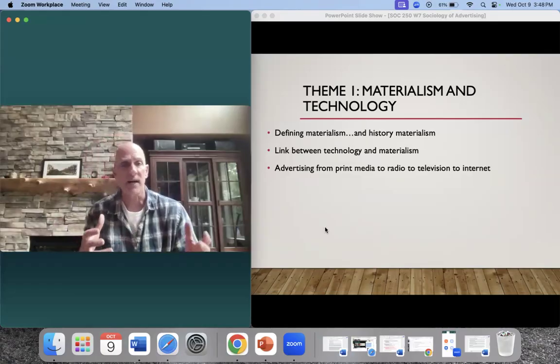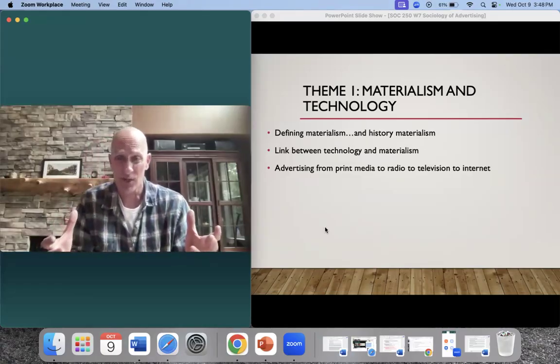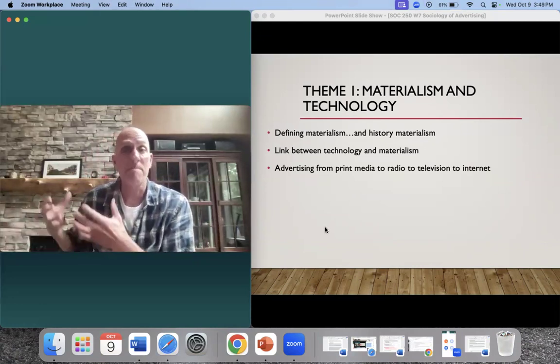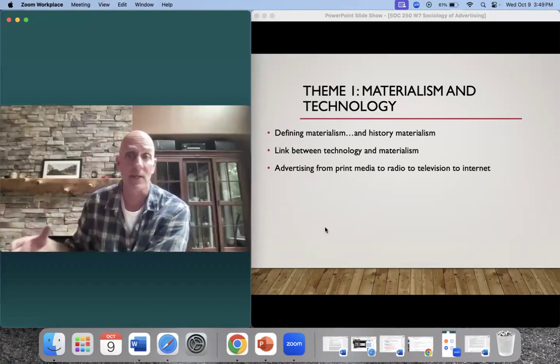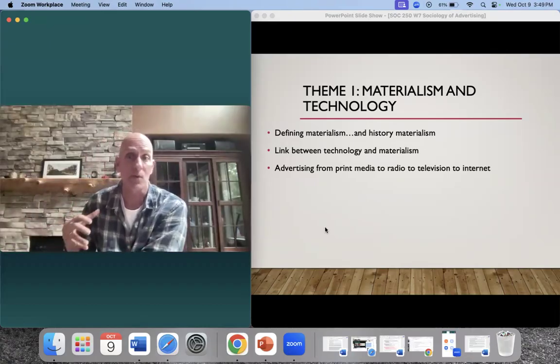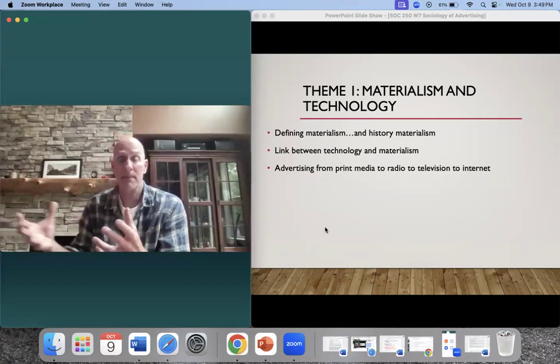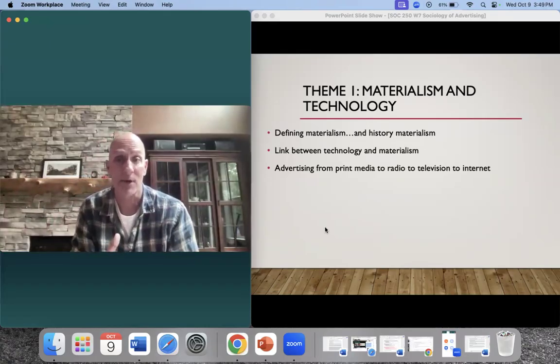So let's start off and define this idea of materialism. Materialism is economic structure. So before we got to capitalism, let's imagine colonial America or an indigenous community or agrarian society. This is pre-capital, right? So there is no advertising and marketing.